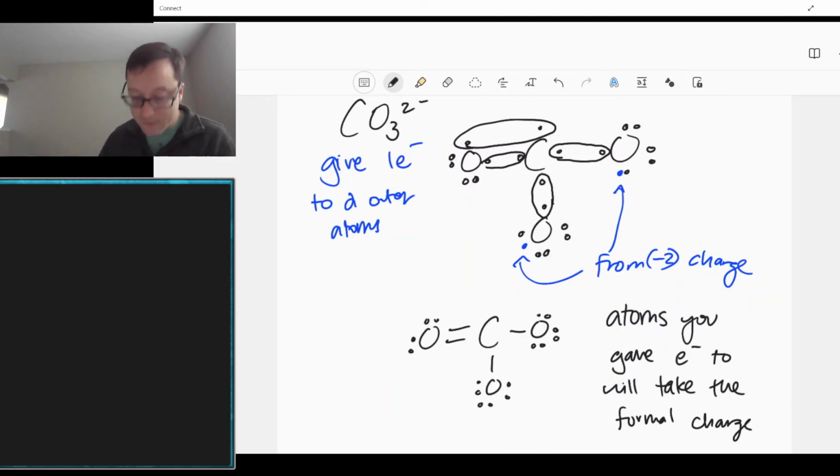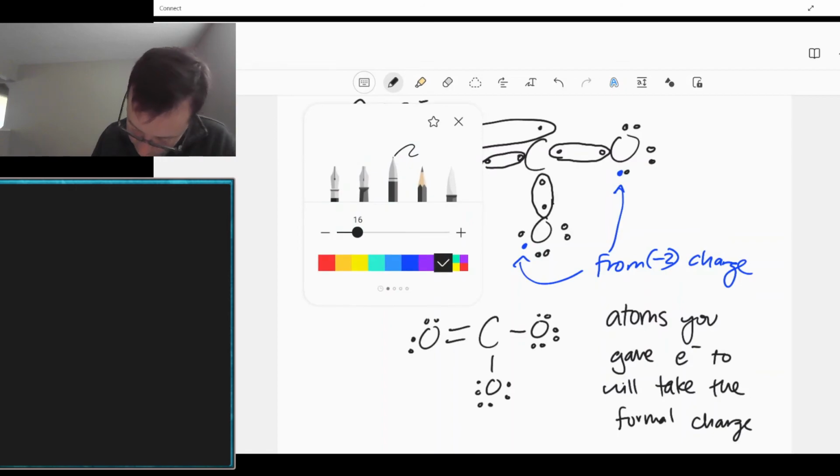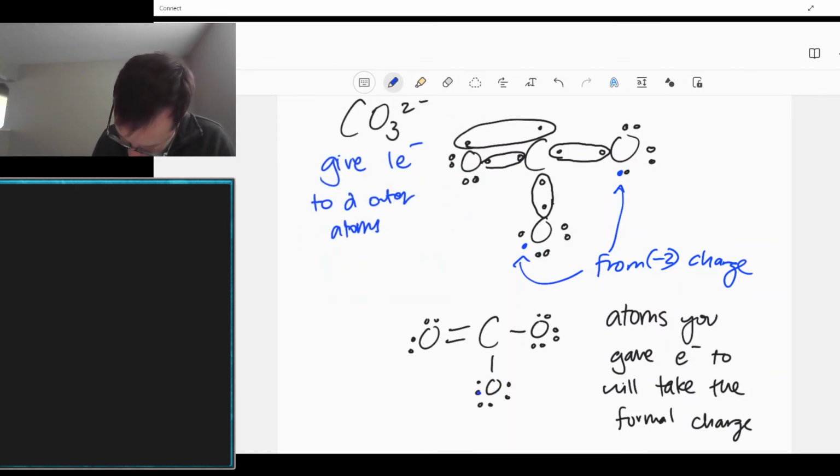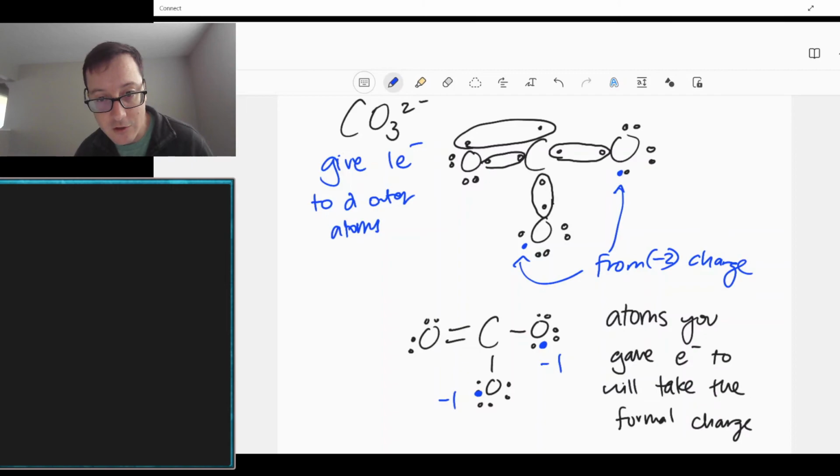So if we gave electrons, I'm going to actually draw those as blue again. So those electrons that we gave tells us that that's where the formal charges are going to be. We gave 1 electron, so those atoms will have a -1 charge.